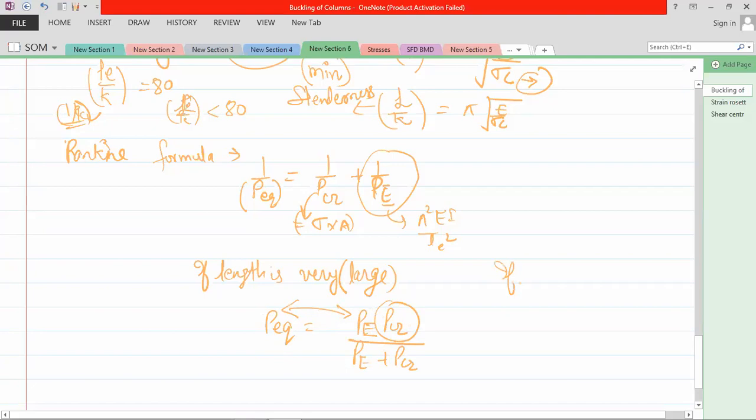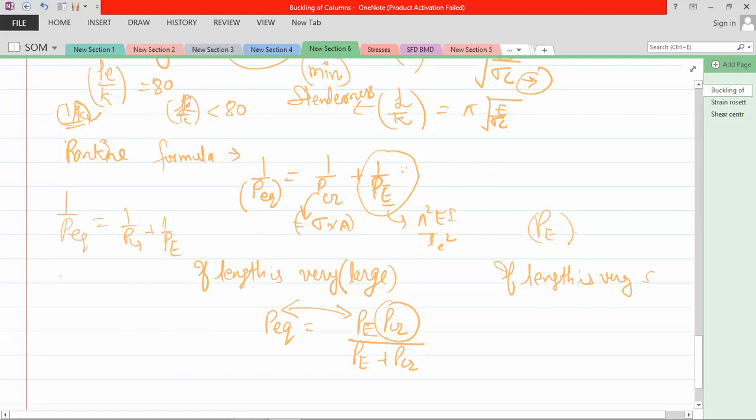And if your length is very small, then the P Euler value is very high, and so 1 by P Euler is very small. So you can say 1 by P equivalent is 1 by P critical plus 1 by P Euler.